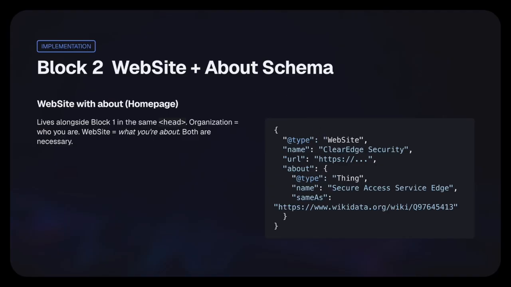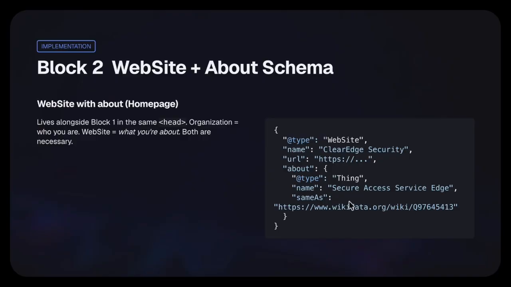Thing is the highest level that you can be, the most broad you can be in schema. We're giving it the name, and then we are giving it a link to the sameAs. This sameAs is a link to the Wikidata QID. This again is not just acting as a link, but this is linked data. So this is sending data to those machines to understand when we say SASE, we're talking about Secure Access Service Edge.